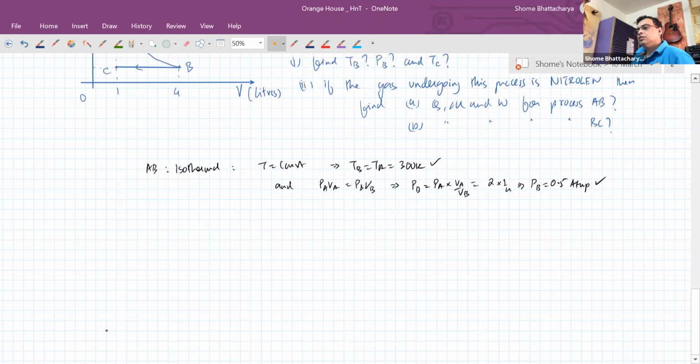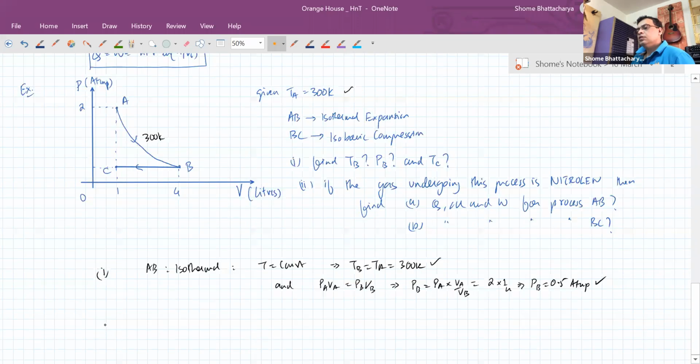Then B to C you can see is isobaric compression. This was an isothermal expansion.